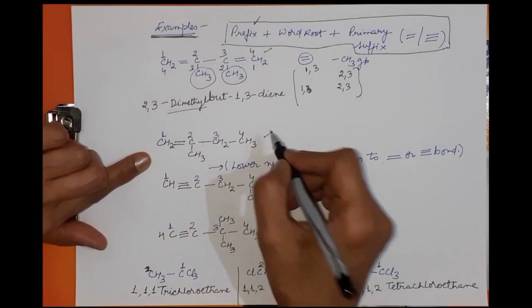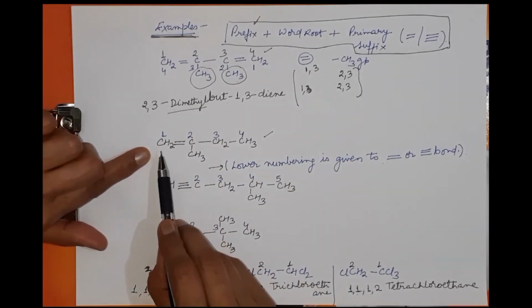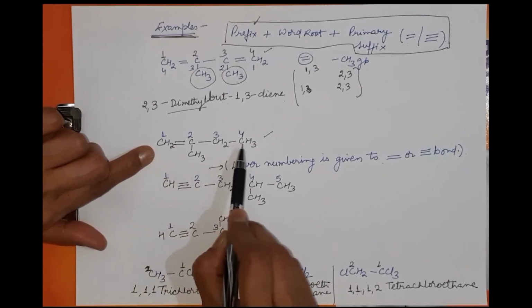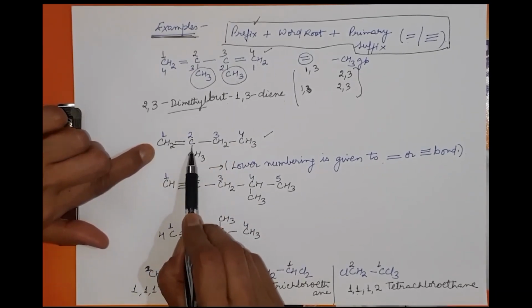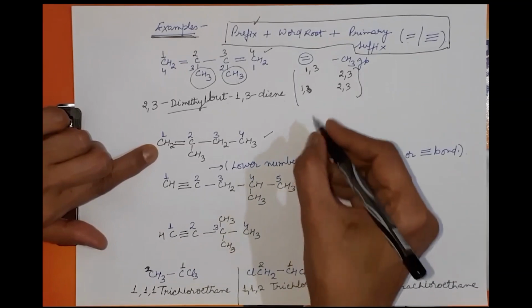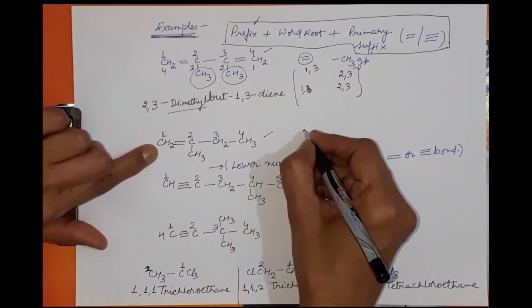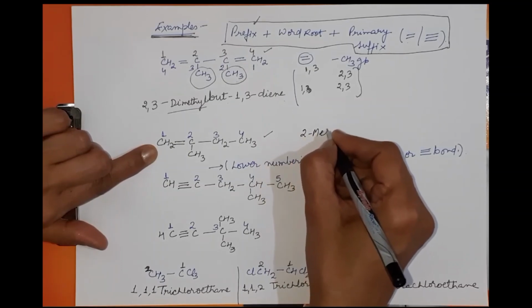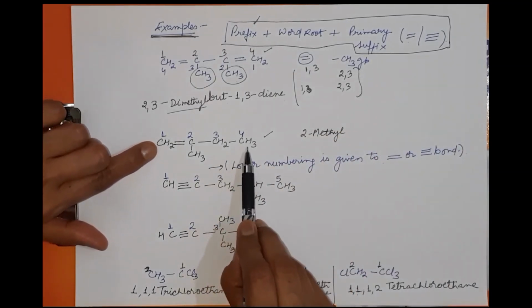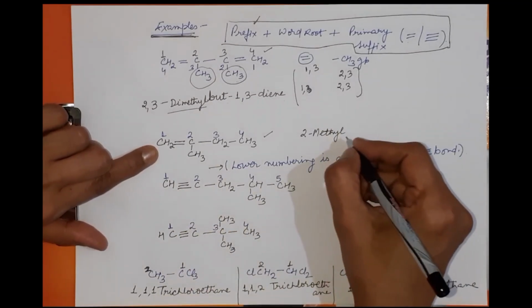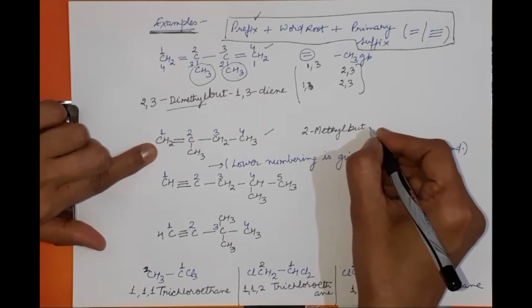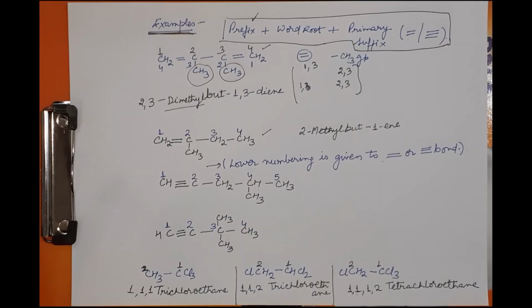So in this case, we have to give the numbering like this, 1, 2, 3, 4, because in this way the double bond gets the lower number. So what will be the name? We will write 2-methyl, and then because of 4 carbon atoms, but-1-ene.